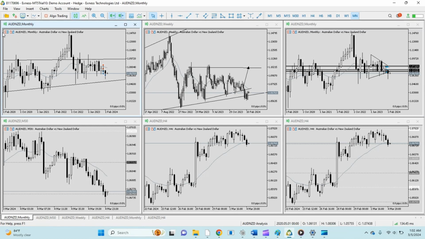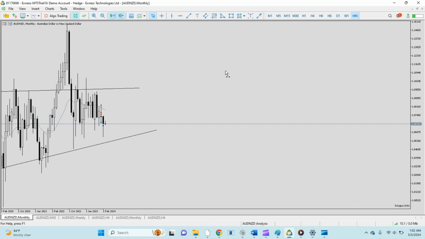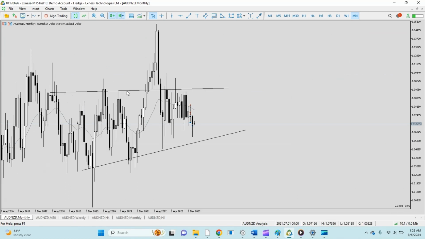Ideally, before you start your trade, you go through the calendar and see what the fundamentals are like before you start your technical analysis. So let's see Australian dollar. So we have a trend line, more of an ascending trend line.